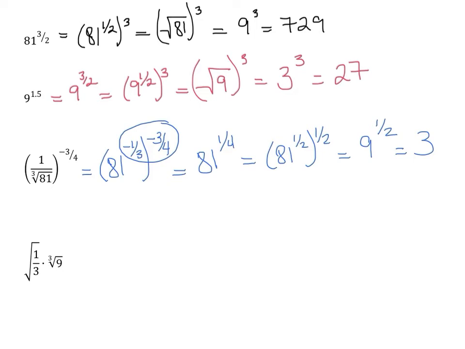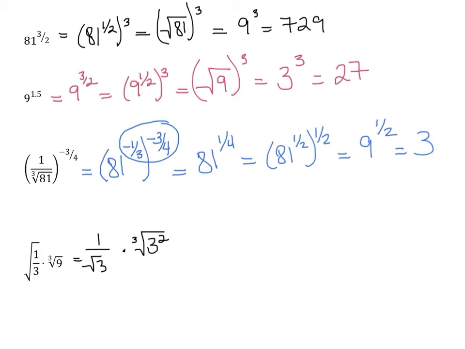And the final one on this page, we've got the square root of a third times the cube root of 9. The way I'm going to approach this problem is I want to try and get the same power of everything. So what I'll do is I'll make this 1 over the square root of 3, and I'm going to make this the cube root of 3 squared.